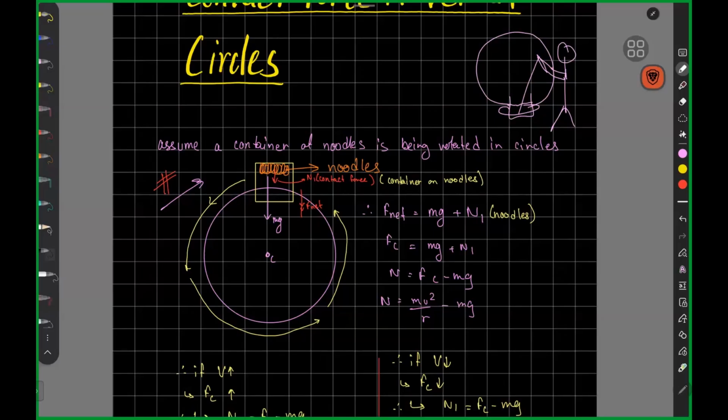So, similarly, over here, if the two bodies are in contact, noodles and the container, there's a normal reaction force. So essentially, I have two main forces acting on my noodles. One is the weight, mg, the other is the normal reaction force.